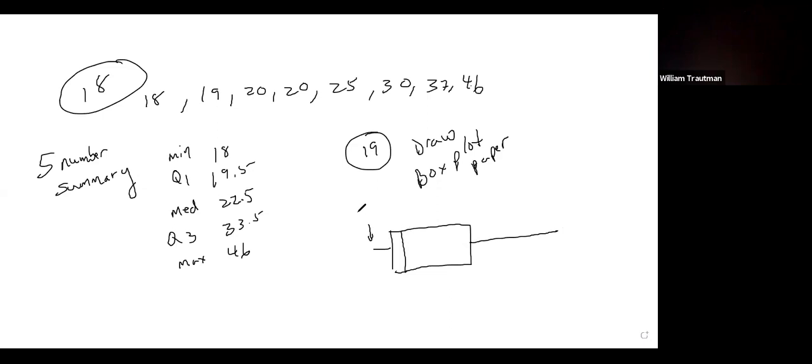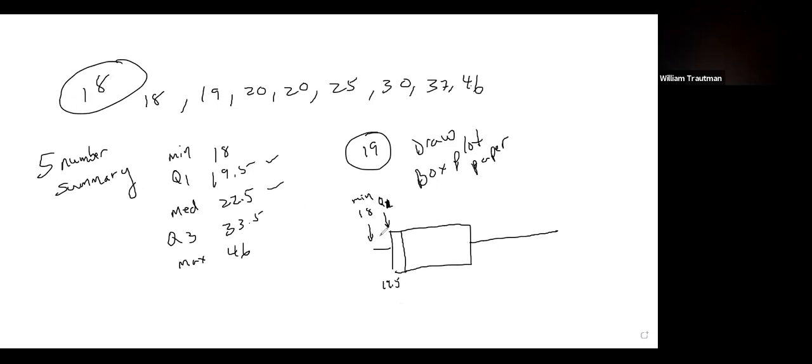The minimum is 18. Q1 is right here. I said Q2, but it's really Q1. Q1 we already did was 19.5.